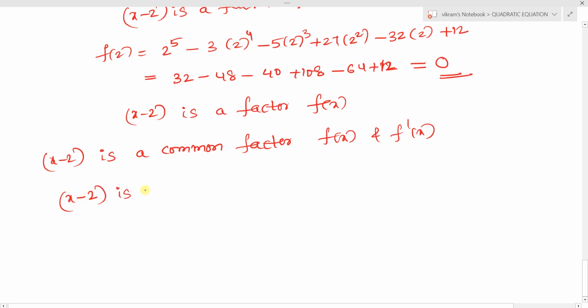We can say x minus 2 is a common factor, meaning x equals 2 is a repeated root for the given polynomial. Then we have to find out the other roots too. How to find out the other roots?